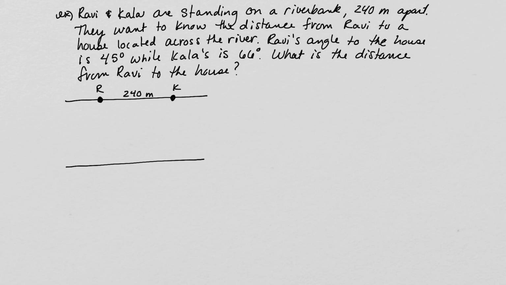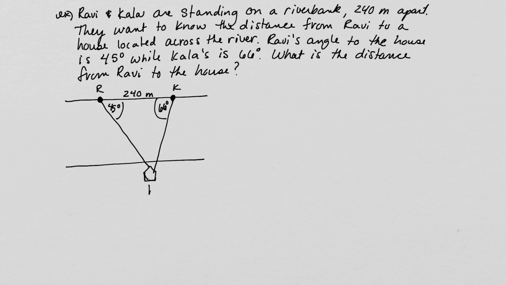And there's some house located across the river. So maybe the house is here. The angle from Ravi to the house is 45 degrees, while Kala's angle to the house is 66 degrees. And we want to know the distance from Ravi to the house.